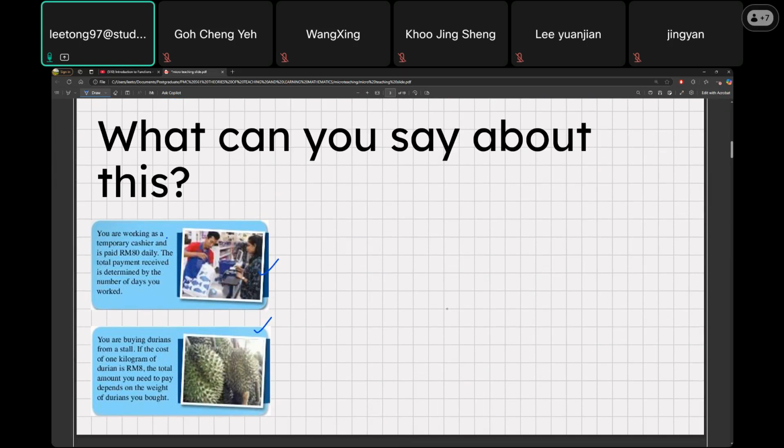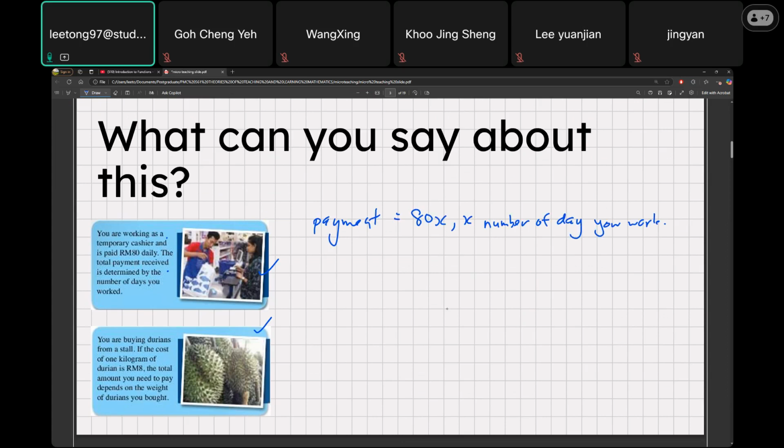So if we want to write the payment you receive, what will you write? Payment equals 80x, given x is the number of days you work.